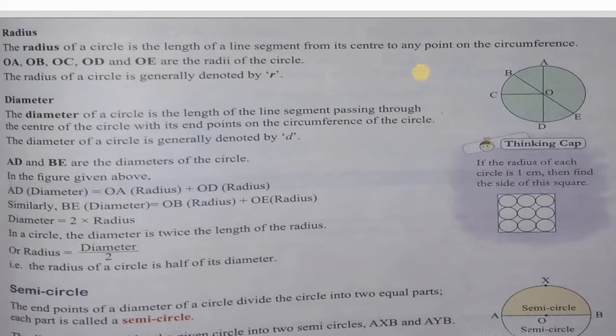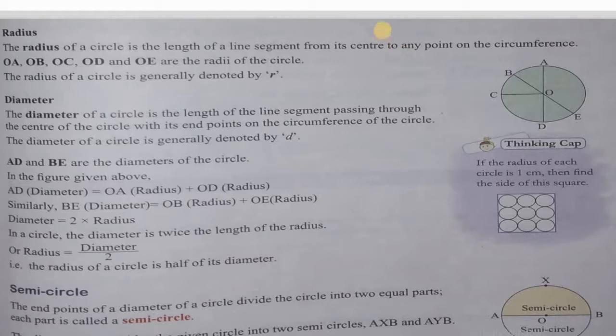Two radii can form one diameter. The diameter is the longest line in a circle. A diameter is generally denoted by d.